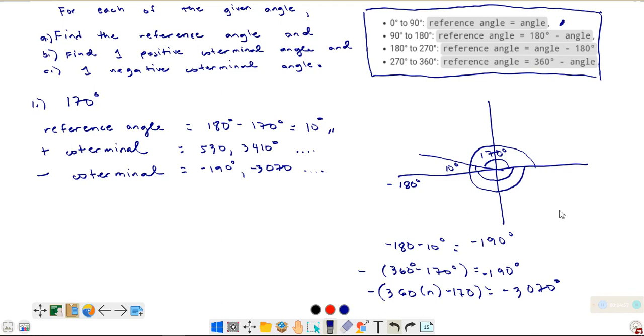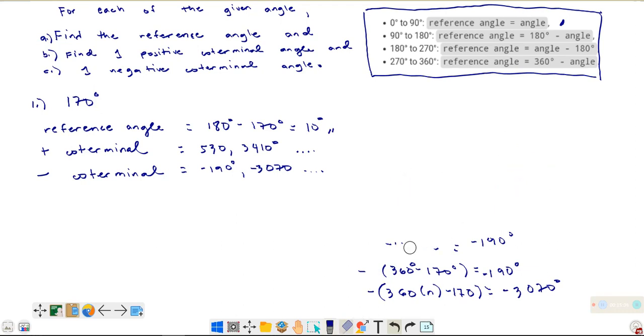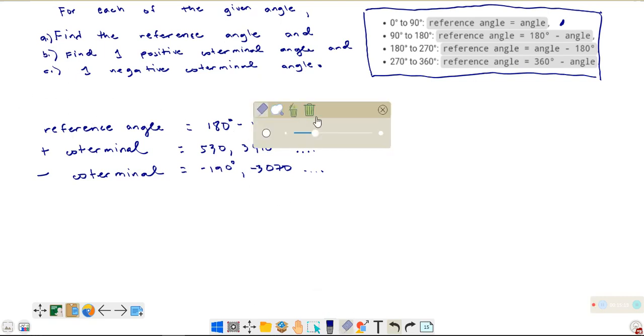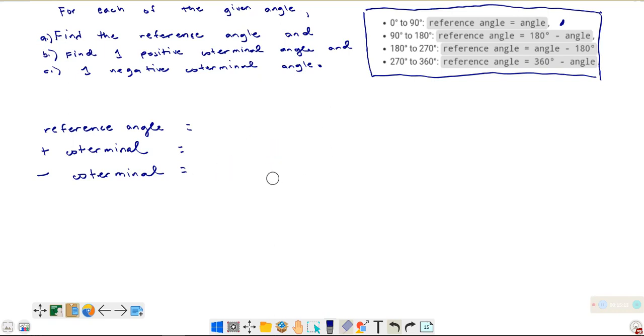Okay? Yes, pangatlong example na tayo. Paano kung 180 to 270 yung given sa'yo na angle? Pangatlo na to eh. 180 to 270, 226 degrees.